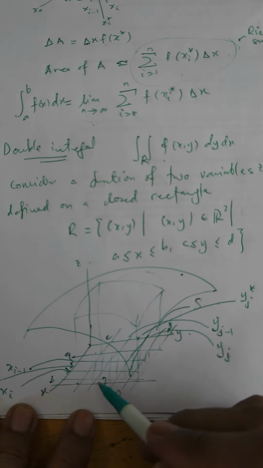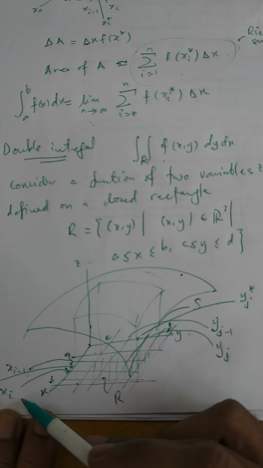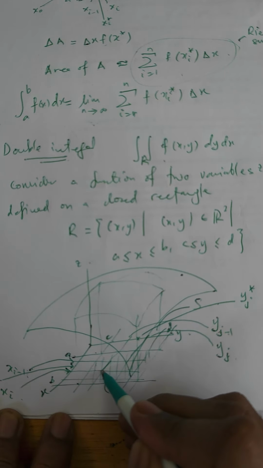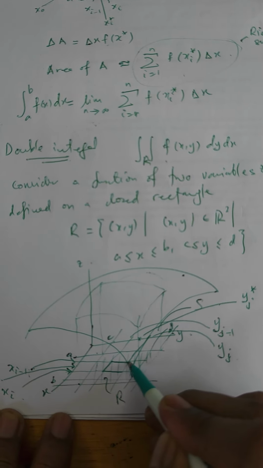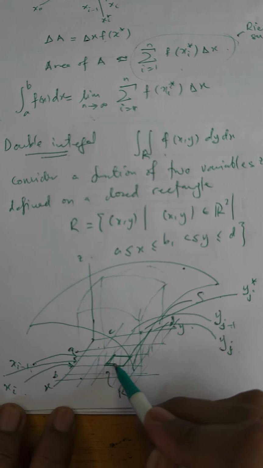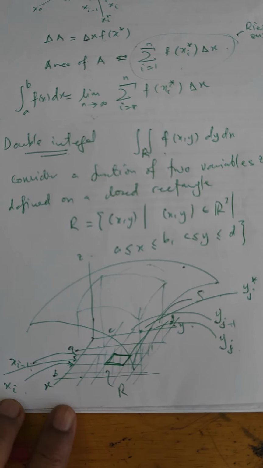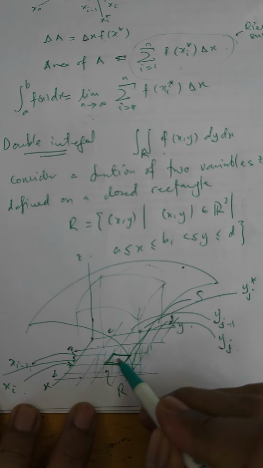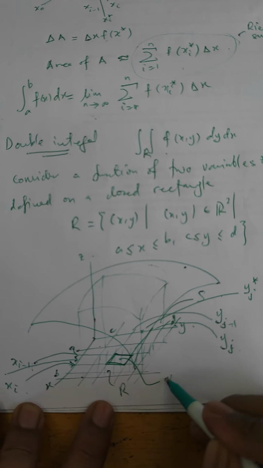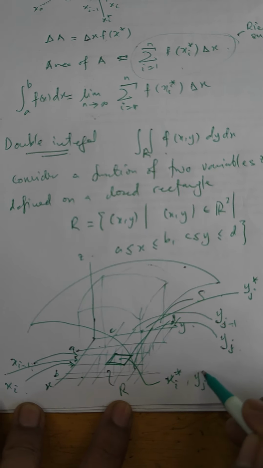If you consider the small region bounded by x_{i-1}, x_i, y_{j-1}, y_j, the region is given by that small rectangle, and at the middle point here is the point (x_i*, y_j*).